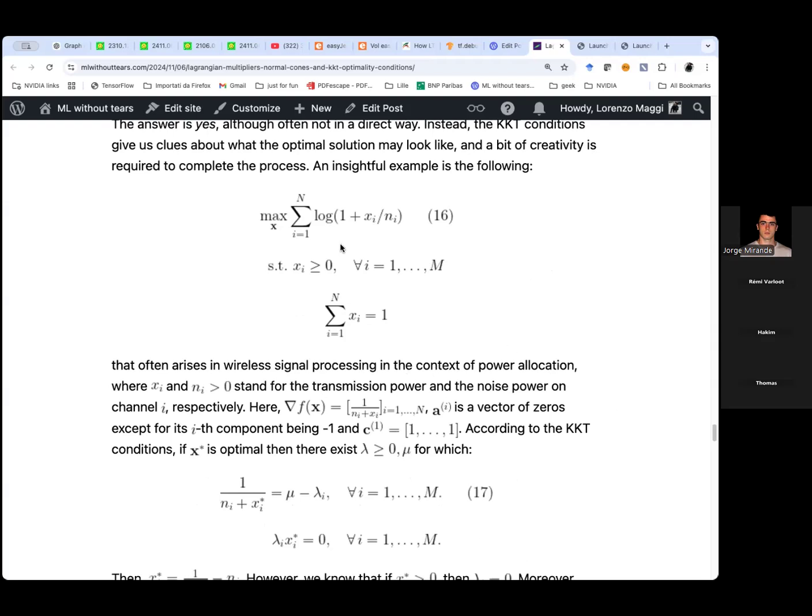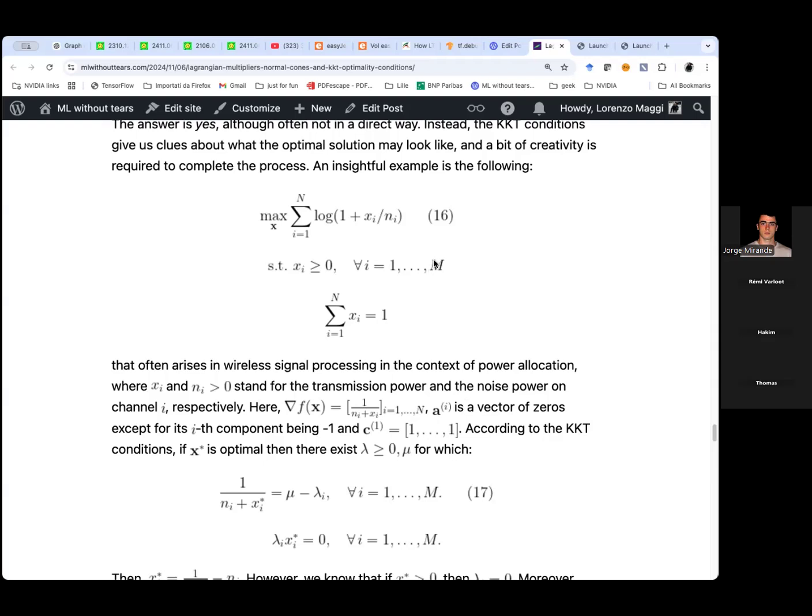So let's start by computing the gradient of the function. Here, f is this log of 1 plus x over n. And believe me, in just 2 lines, this gradient is equal to 1 over n plus xi, so it's 1 over this multiplied by 1 over ni. So this is the result. Now the a_i vectors: how many are there?